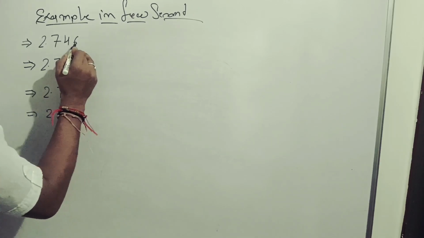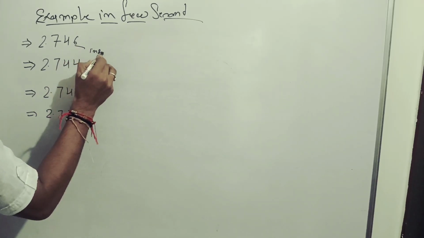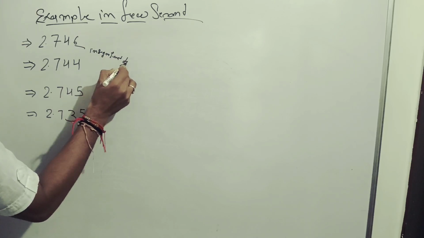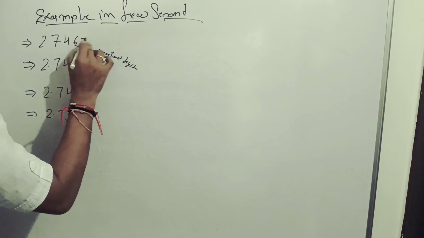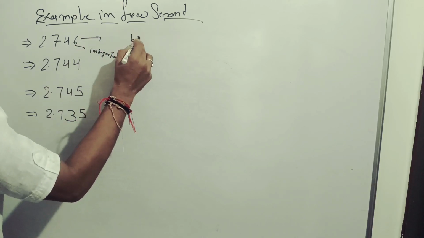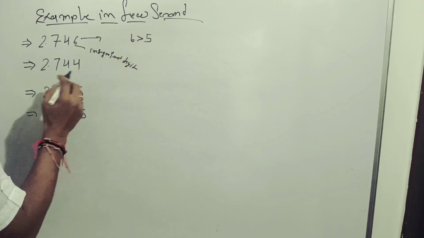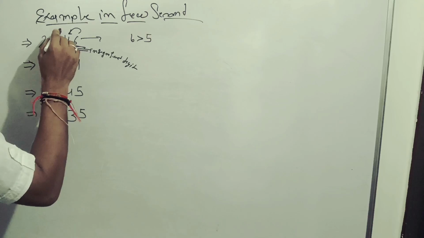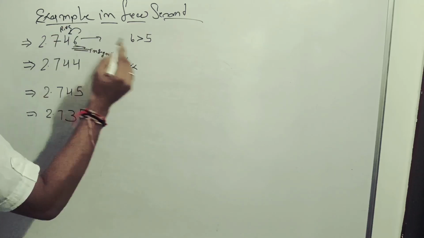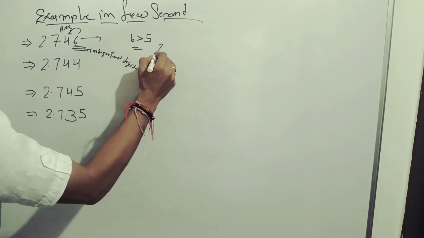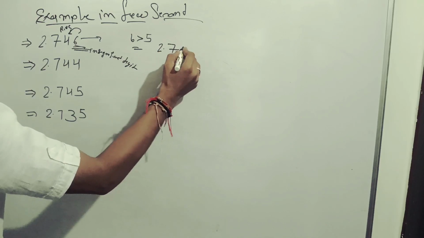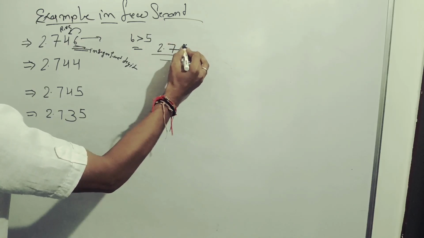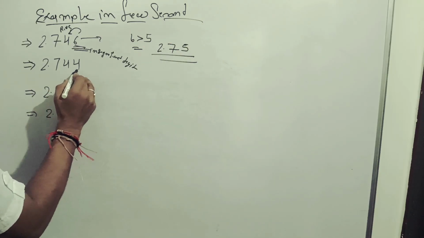Examples in a few seconds: 2.746, 2.744, 2.745, 2.735. The first is where the first rule applies, the second is where the second rule applies, the third is where the third rule applies, and the fourth is where the fourth rule applies. For 2.746, the insignificant digit is 6 and the preceding value is 4, so the 6 is greater than 5, it is raised by 1 and results in 2.75.